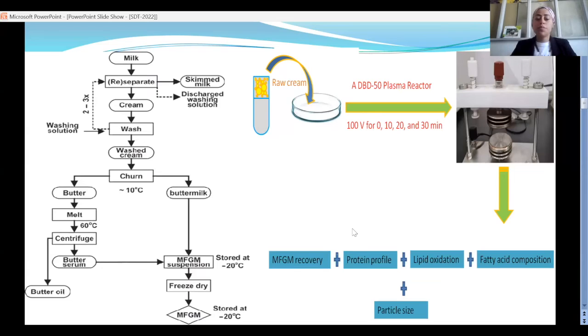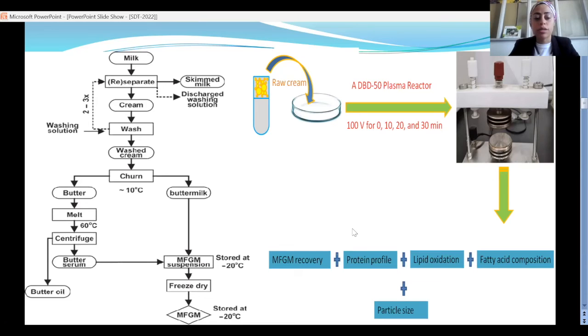In this study, a DBD50 plasma reactor was used to sterilize the cream, which was divided into 6 portions: control sample, pasteurized sample, and 4 cold plasma treated samples. The pasteurized sample was heated at 68 degrees for 30 minutes.